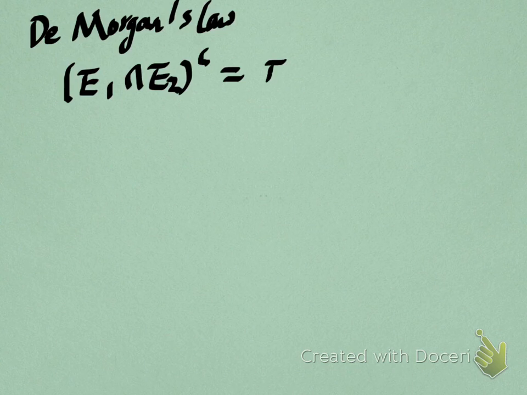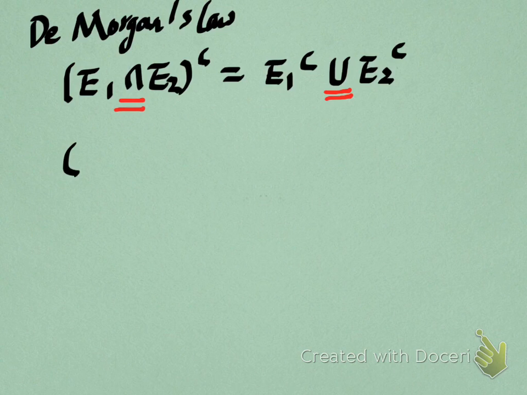The rule is: if we have parentheses E1 intersection E2, and then the complement, we can compute this as E1 complement union E2 complement. So here there is a very important part. Previously we had intersection inside the parentheses, and after this we have union. This is very important. It's easy to make a mistake here.